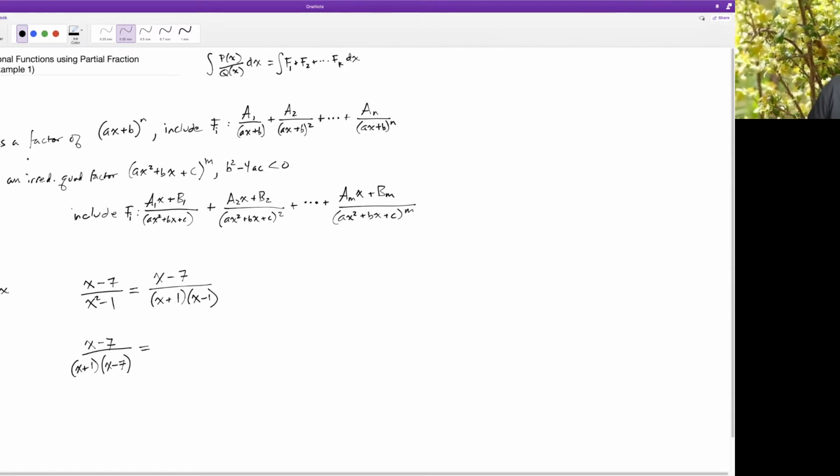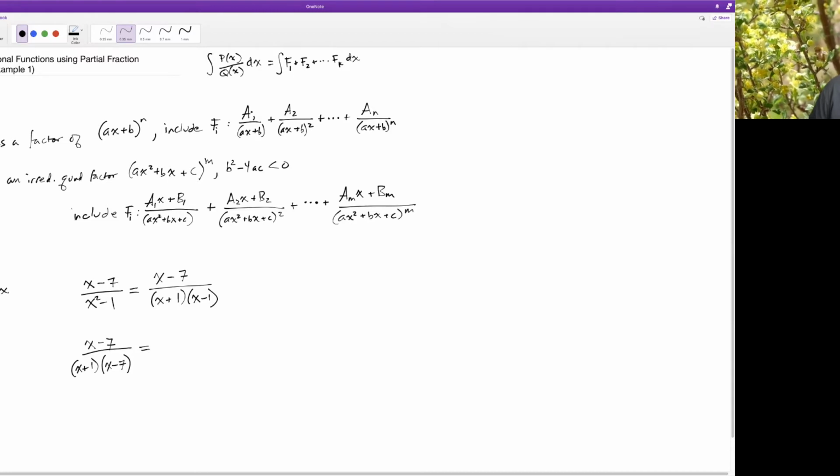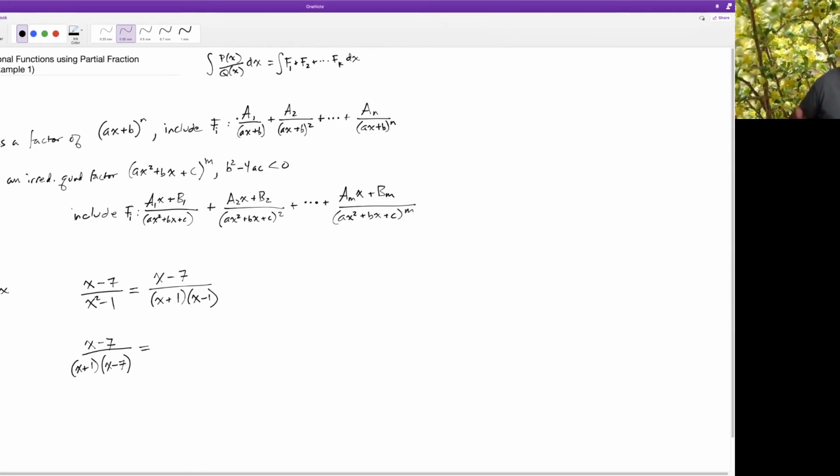The rules above have to do with linear and quadratic factors. I only have linear factors, so the only rule I have to look at is if q has linear factors, I include a fraction with that linear factor, starting with a single copy of it, and then squared, and then cubed, up to whatever power it goes to.